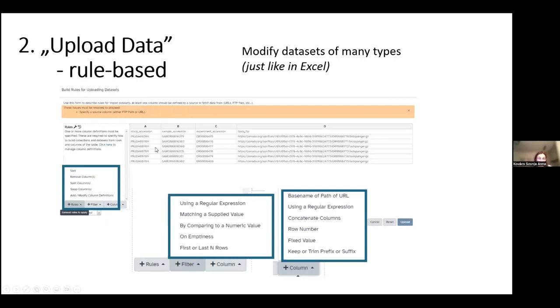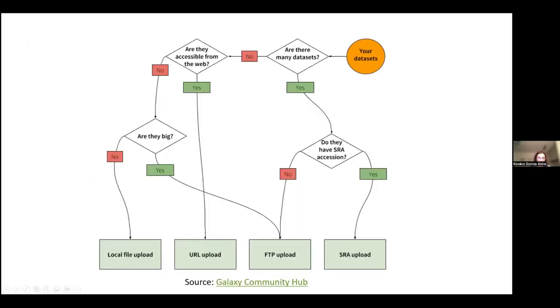So you can rename the columns, add, remove, basically do anything with this, and you will have a cleaner input data set. If you are not sure what data upload to use, this is a really good flowchart. I found it in the Community Hub platform.